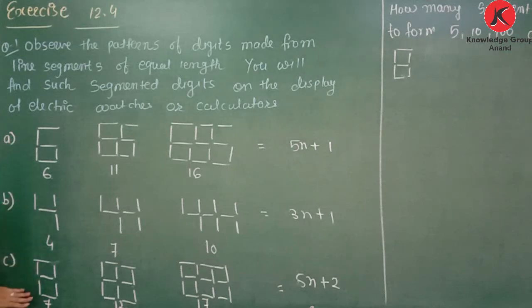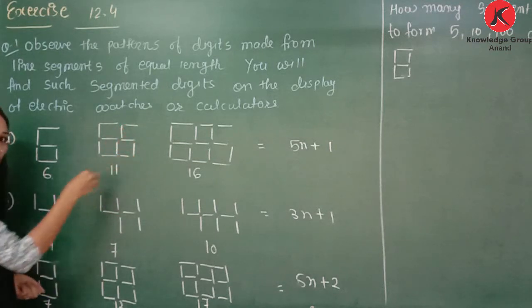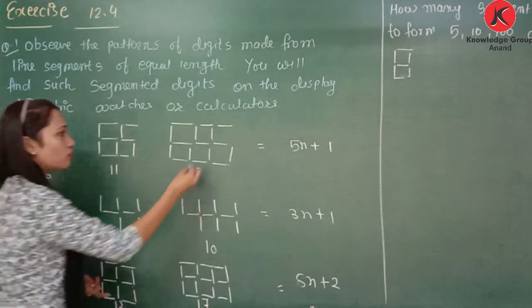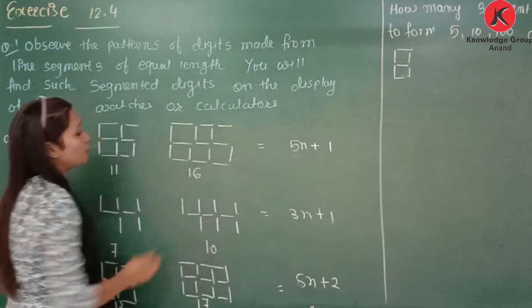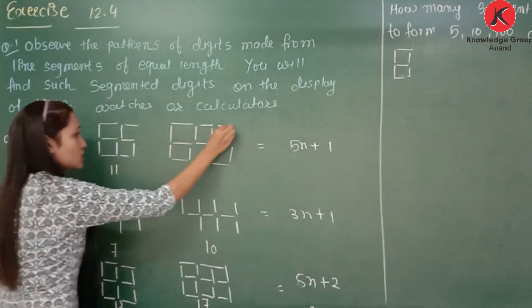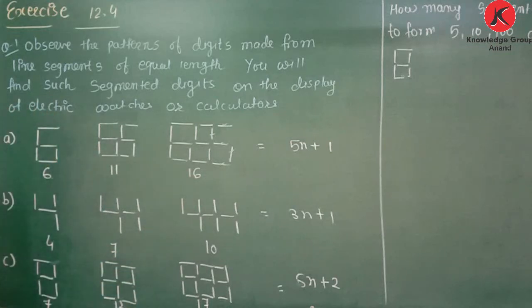So this is the question given. What is the pattern for 6? How many line segments are required? 1, 2, 3, 4, 5, 6. For one 6 we need 6 matchsticks, or line segments. For each consecutive 6, we need to add 5 more line segments.